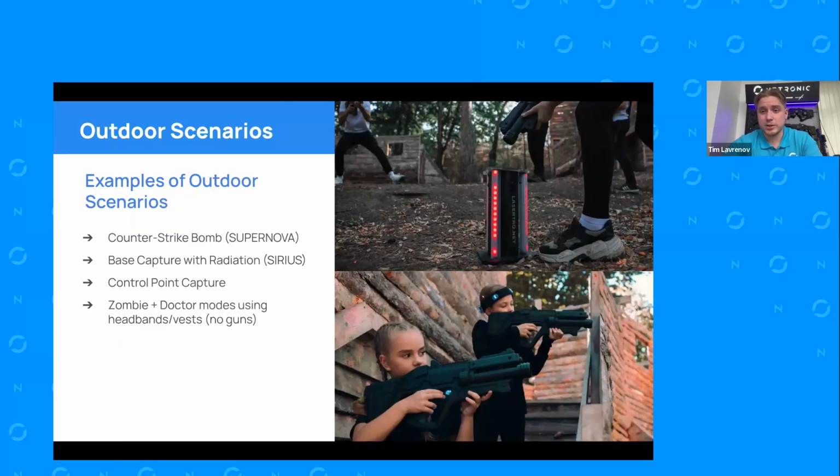Speaking about the scenarios we already have, we mentioned some of them here, and it's Counter-Strike Bomb, I already mentioned. The base capture with the radiation, it's when you put two SIRIUS devices on the bases. For example, the blue team has to come to the red team base and shoot the SIRIUS to deactivate it.